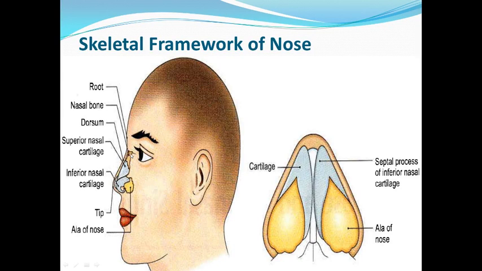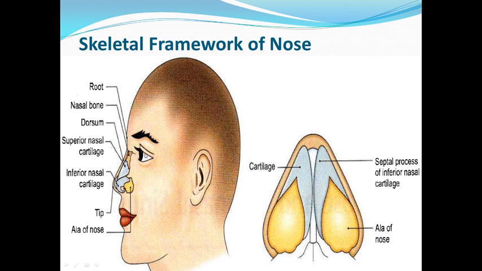The bone is the nasal bone, as you can see in this figure, which forms the bridge of the nose. This is the root of the nose, towards the glabella, and towards the ala nasi, or ala of the nose, is the tip. In the video lecture of the face, I already told you about the ala of the nose and some features of the external nose.